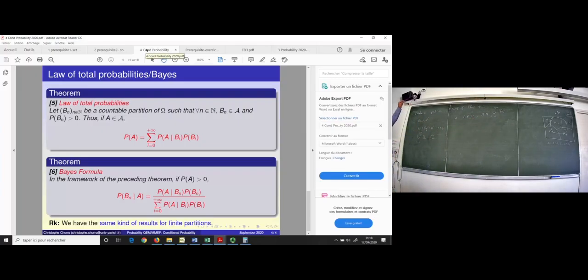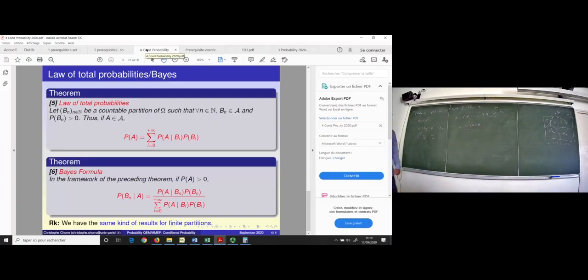Once again, we are going to use the result of exercise 5 of list 3, that I can use without proving it. And I have this way the union from i equal to 0 to plus infinity of A intersected with Bi.